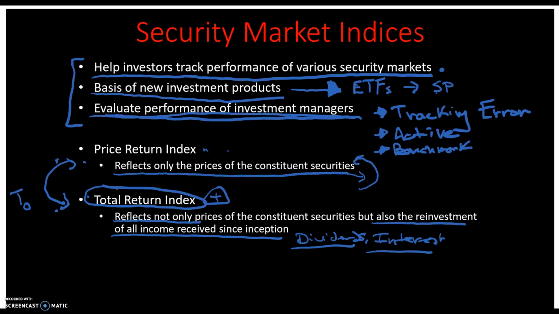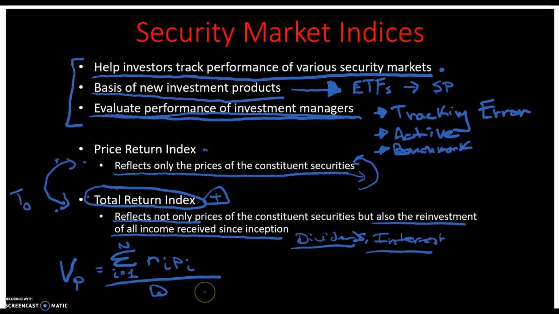So simply, I'll just show you a quick formula of how we would calculate a simple price return index. The value of the price return index would equal some summation of all the constituents within the index. So we're going to take each asset, and then we're going to divide this by some divisor.